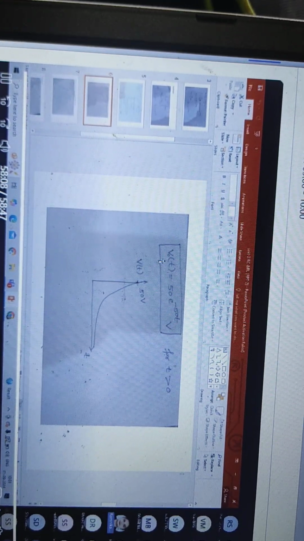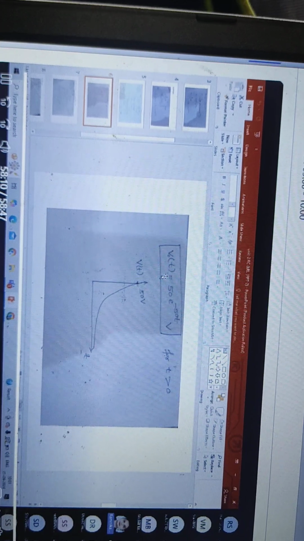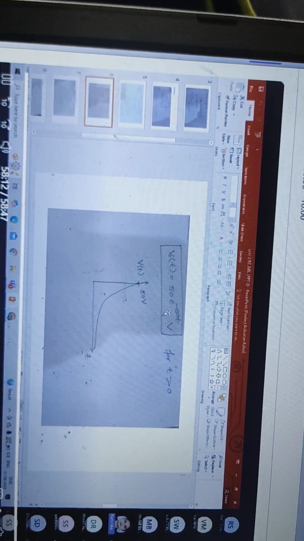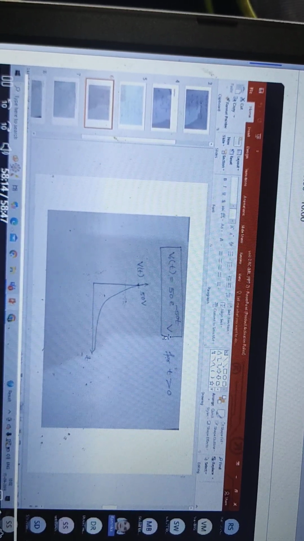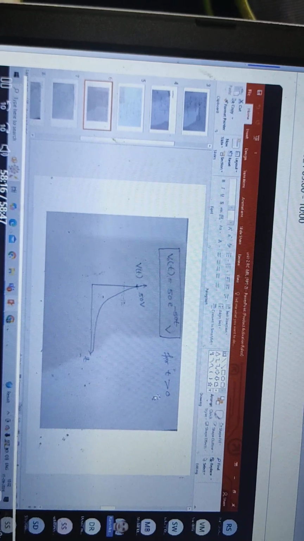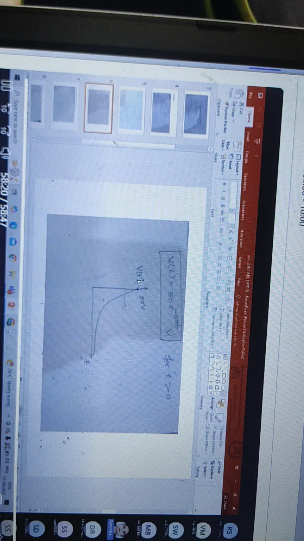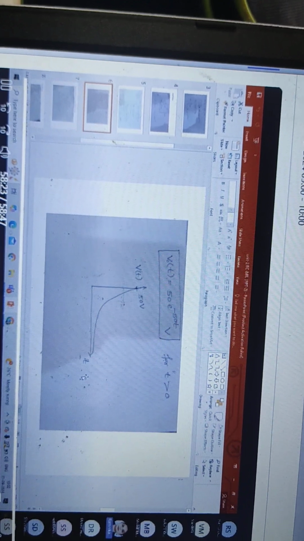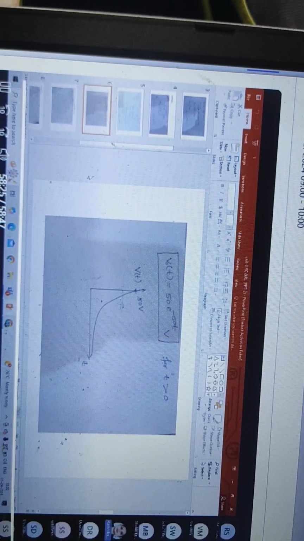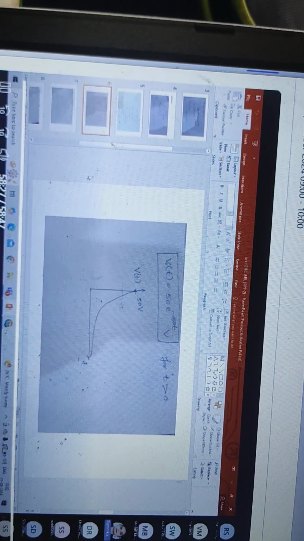So the output voltage of the capacitor is 50 e to the minus 50t when t is greater than 0, that means the switch is on. So the voltage decreases with time. Now I will stop here.